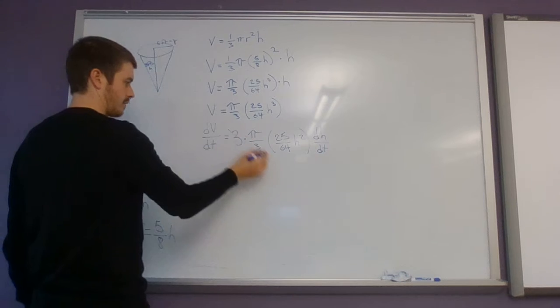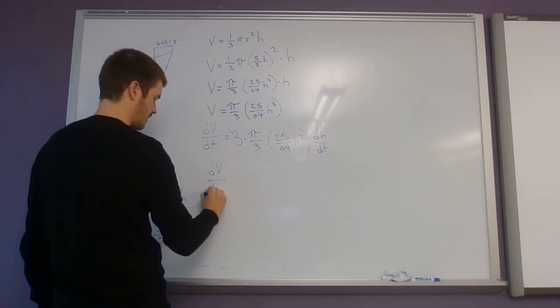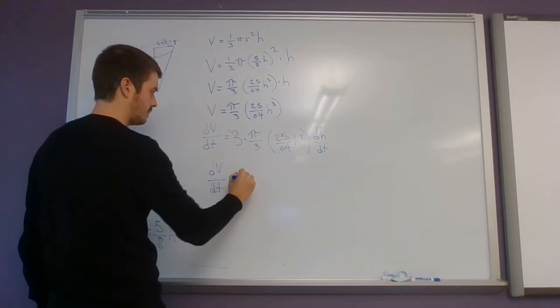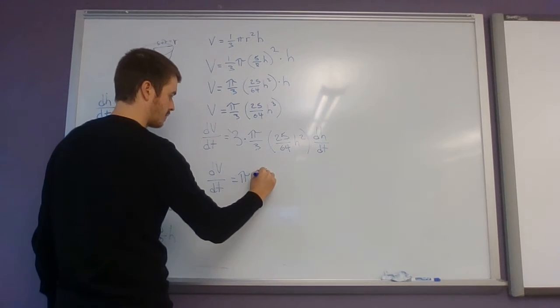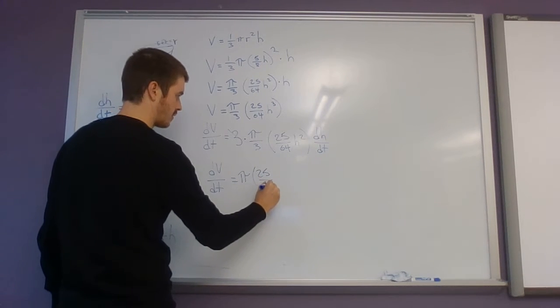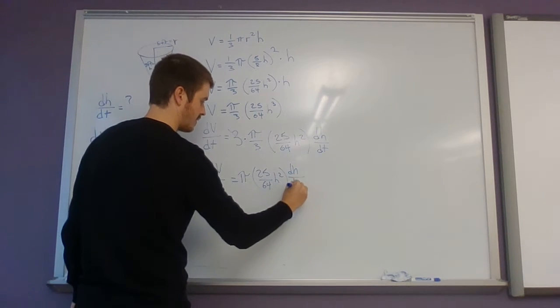Go ahead and cancel our 3's, and I'm left with dv dt equals pi times 25 over 64 h squared dh dt.